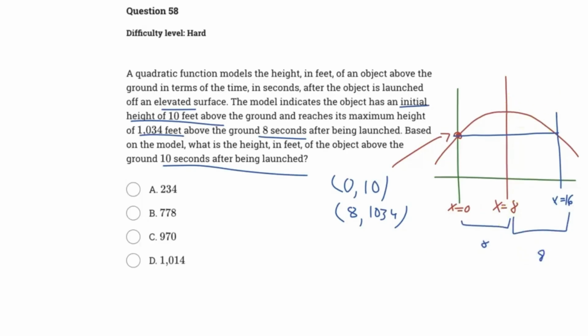Each side of the axis of symmetry is equal. Therefore, to find our other coordinate point is actually pretty simple, because we know that this value, when it returns, has to have a y value of 10. And we already said that x is going to be 16. So we have (16, 10). We have our 3 coordinate points now, and now we just plug this into Desmos.